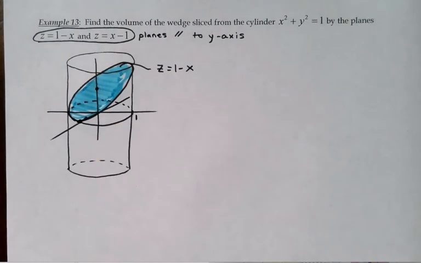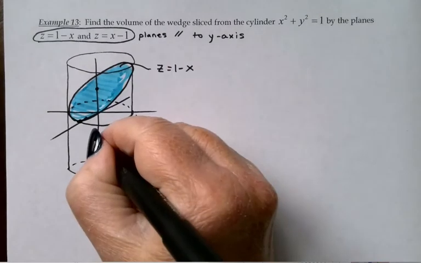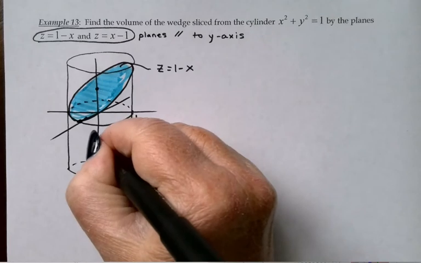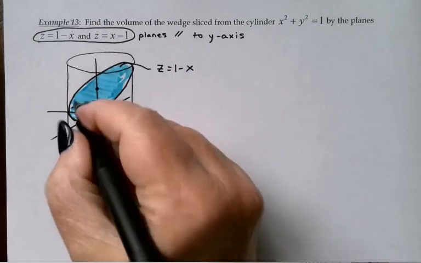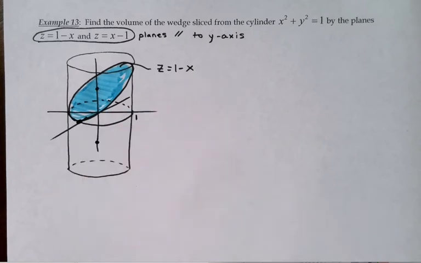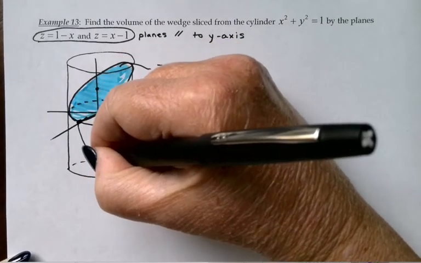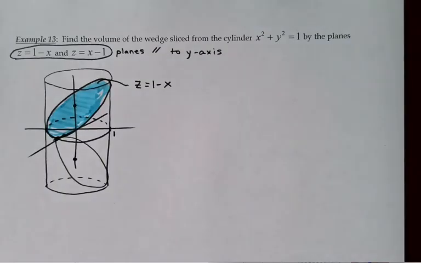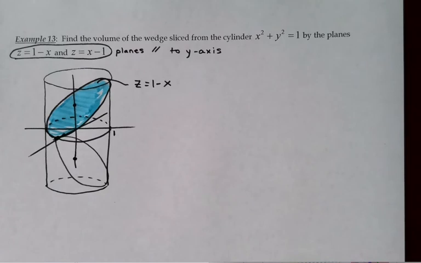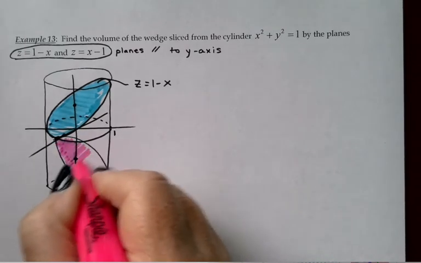The other plane, z equals x minus 1, is going to have a z-intercept at negative 1, so that would be down here. I'm also going to notice that, again, x equals 1 will make z 0, so it's still going to have an x-intercept of 1. So this one's going to have to slant down this way. And then that plane will form the bottom of my shape.